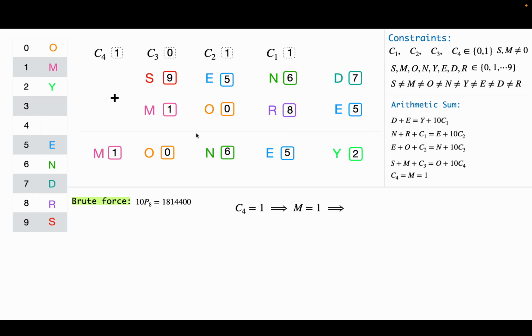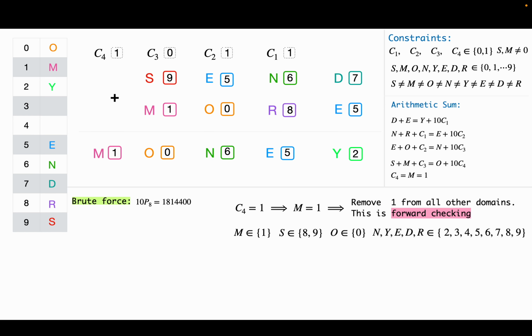So let us see more details. Here, when C4 is equal to 1 and M is equal to 1, which is the first constraint we applied, it has eliminated the value 1 from all other variables. This idea is called forward checking, whereby you limit the possible values for other variables, and a lot of search space can be reduced.